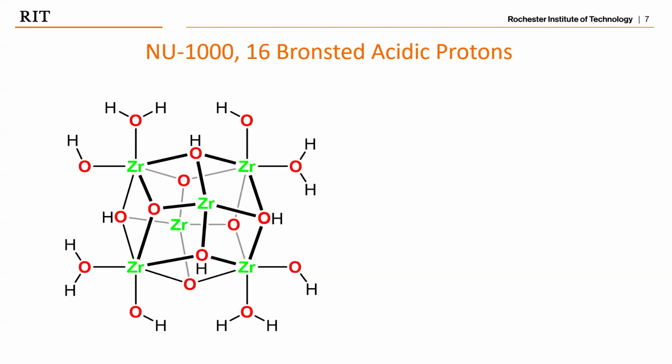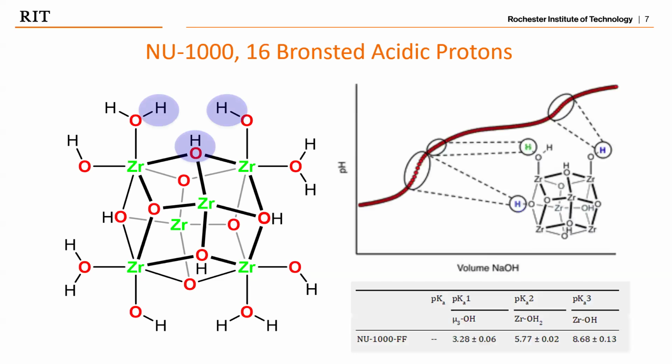We did acid-base titration and found that they have different pKa values. A higher pKa value indicates lower acidity. You can see the highest acidity is the bridging OH.